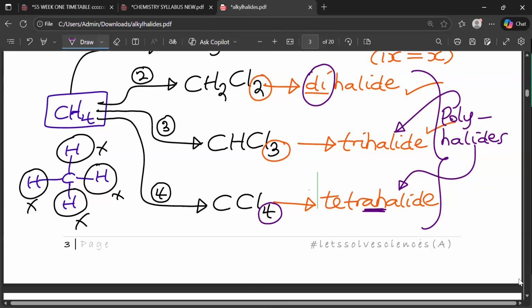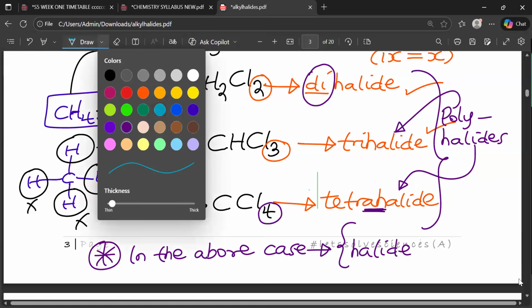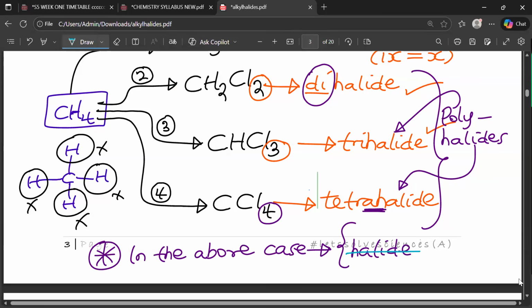So because of chloride, you just replace. So in the case above, it's a chloride. So in the above case, I want you to replace halide. So halide, cancel it out. And then put chloride.